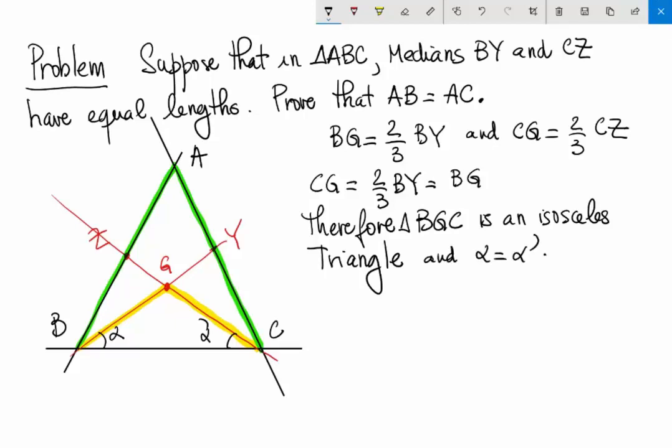They're congruent. All right. Now, notice also that if BY is equal to CZ and if BG is equal to CG, then GZ will be equal to GY.